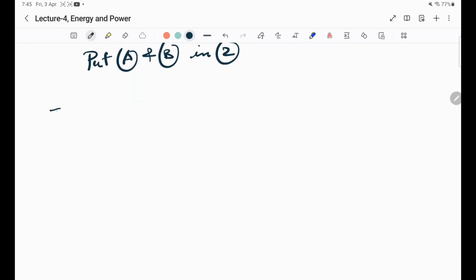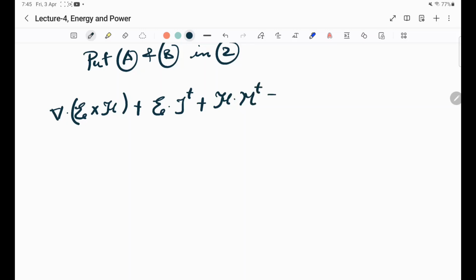So we will get del dot E cross H plus E dot J total plus H dot M total is equal to 0.